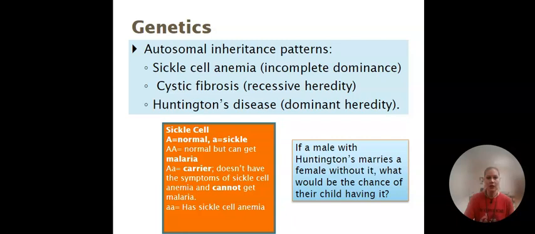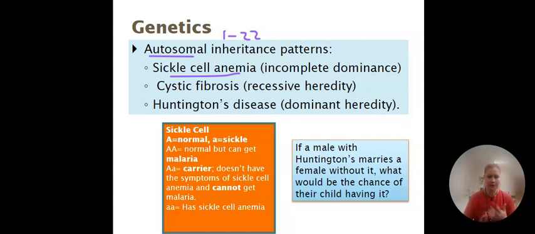So we also need to be familiar with inheritance patterns. An autosomal inheritance pattern, autosomal just simply means that you are on chromosome 1 through 22. So you are not on a sex chromosome, okay? So chromosome 10, whatever. Sickle cell anemia is an incomplete dominant recessive pattern, but again, it's on chromosome 12.